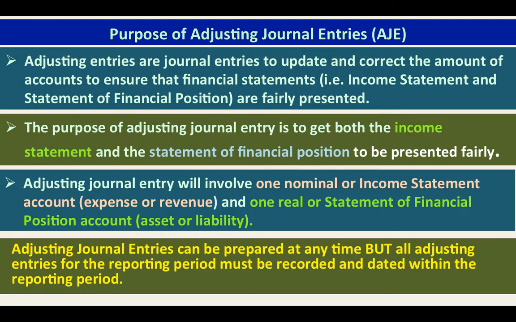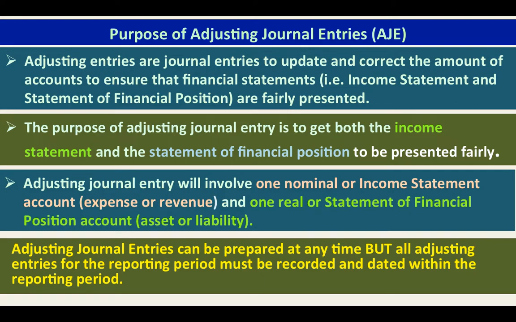However, dapat lahat ng adjusting entries natin, okay, gagawin natin within that period. Kaya normally, ginagawa kasi yung adjusting journal entries at the end of the reporting period. Kaya ang pinaka-common na date na nagagamit is December 31st, 2017.